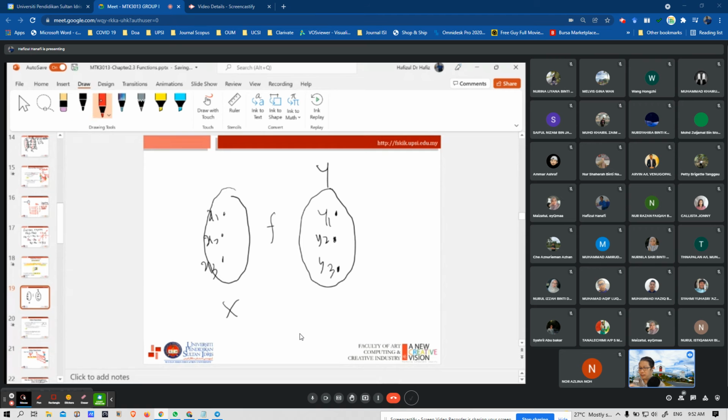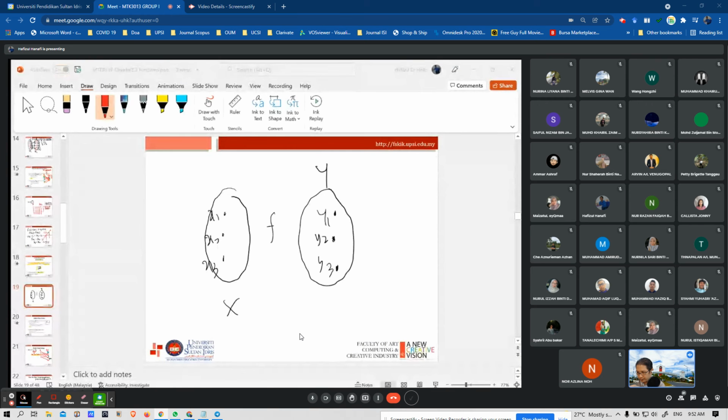And then for the surjective function, we map here, and here we map here.